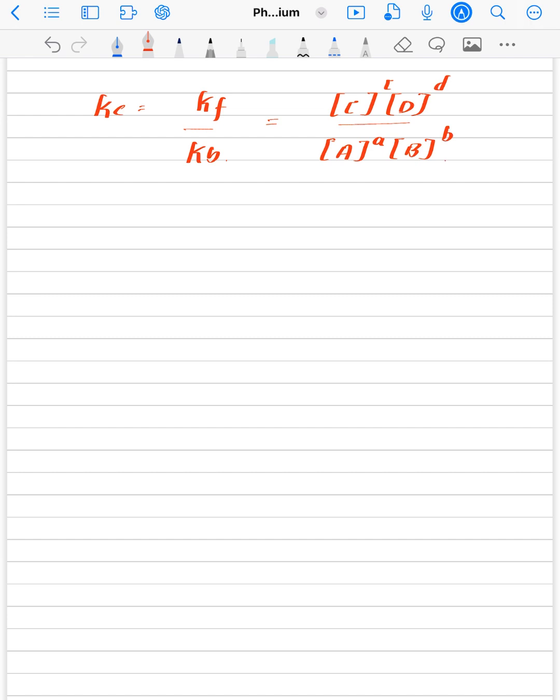So this is the Kc. Now Kc over here is considered as the equilibrium constant, right?